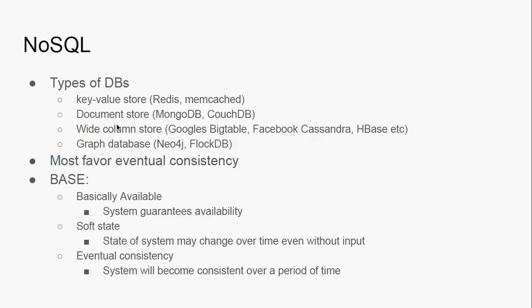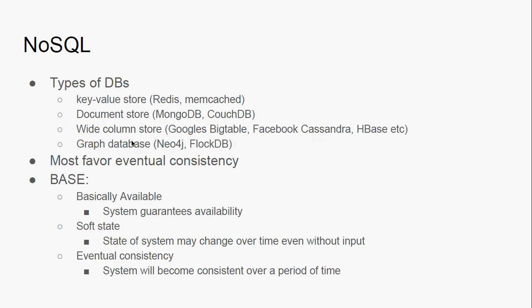Another type of NoSQL data store is documents. Some of the popular document-oriented databases are MongoDB and CouchDB. When we say a document, it could be a JSON document or XML document, which can contain some internal structure. This document could further leverage key value pairs to store the data, and that's what they do.